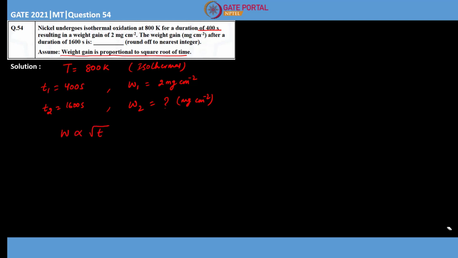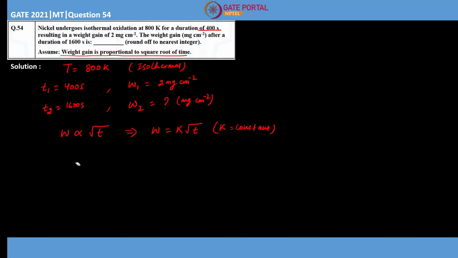Now, since this weight gain is proportional to root t, we can denote it like weight gain is equal to some constant k under root t, where k is a constant.